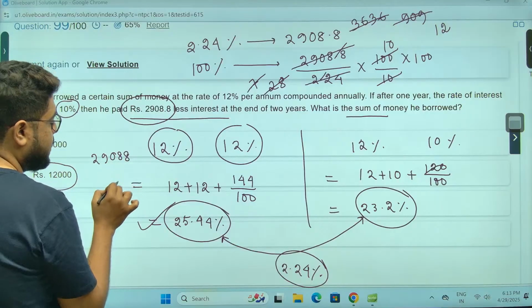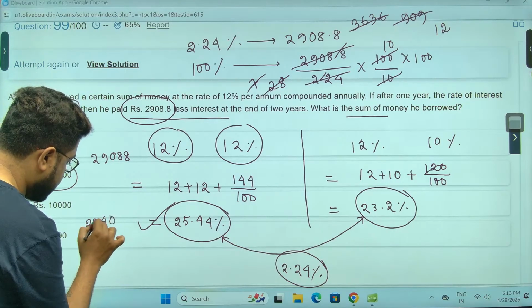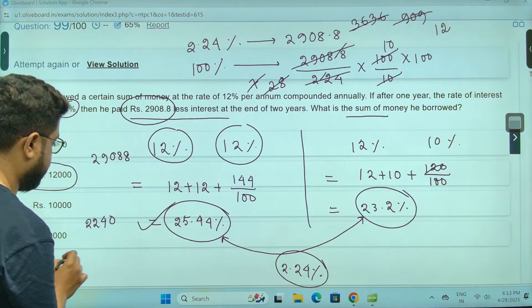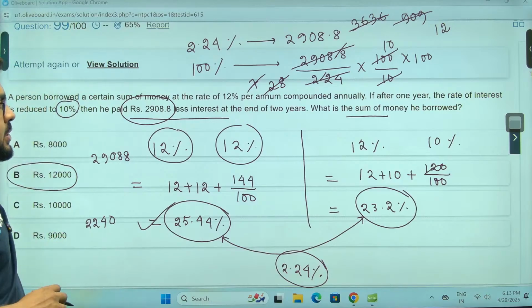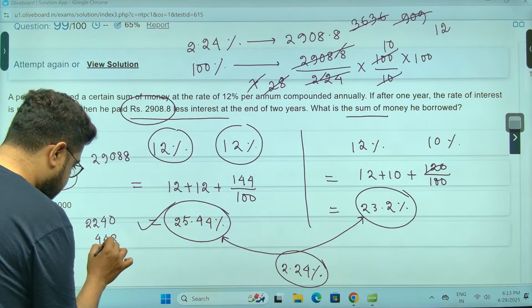29088. 224, right? 2240. Just a second. 224 and 448.